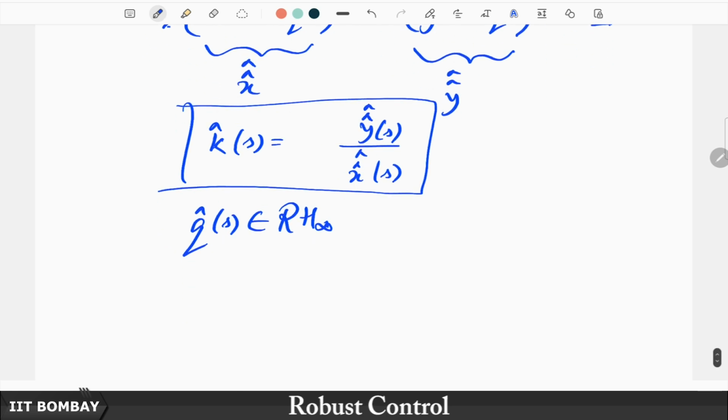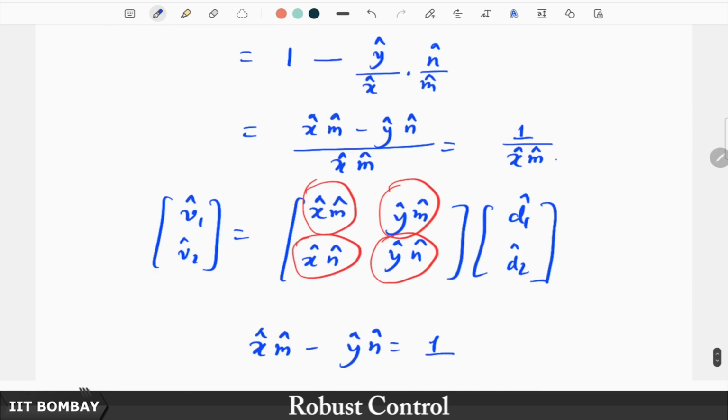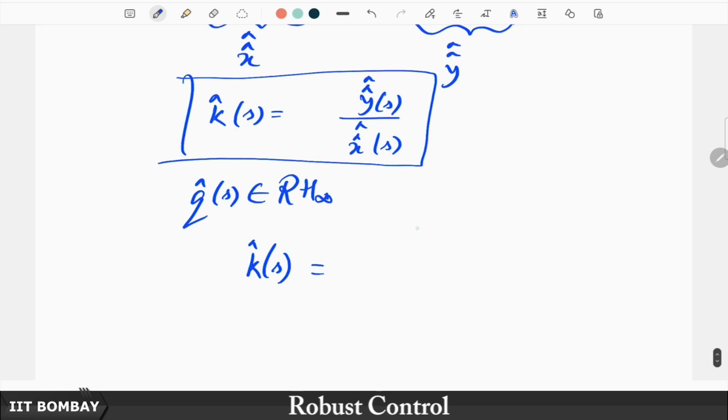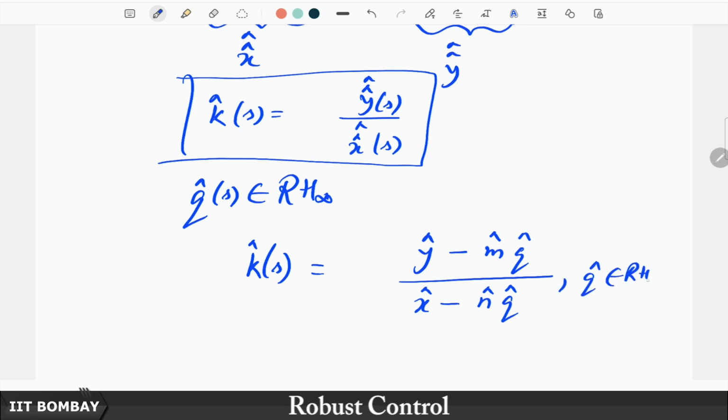So, now I am saying that you play around with this q hat, choose any arbitrary q hat in RH infinity, and your controller that you will then land up with turns out to be of the form, of course, as y double hat I can generalize it and I can write it down as y hat minus m hat q hat upon x hat minus n hat q hat, where q hat belongs to RH infinity.